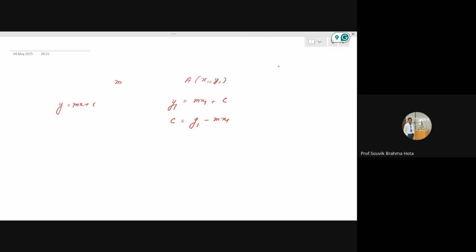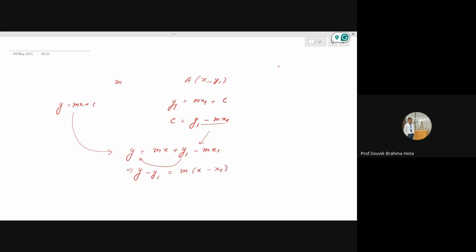Therefore the main equation will become y is equal to mx plus y1 minus mx1, correct? The c value I am replacing. Now if I rewrite it, y, keep it here, and this y1 here, y minus y1 is equal to m into x minus x1.